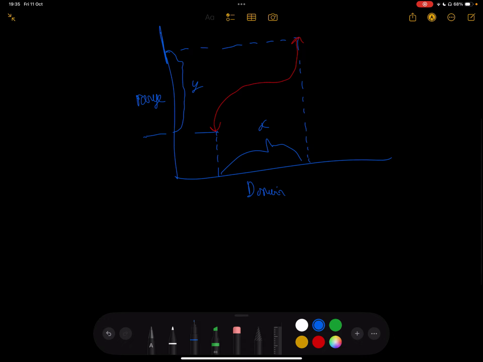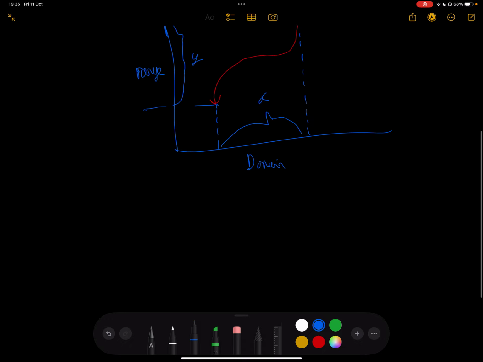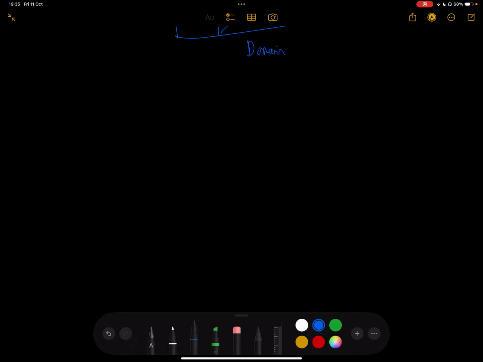So the domain and range of an equation can be described in several ways. Here, I'll give you a few examples and what they actually mean. So let's look at the first example. There's different ways that we can show a domain or a range. There's set notation, bracket notation, or as a number line graph. Usually in the exam, when it asks you for the domain, you want to write it in either set or bracket notation.